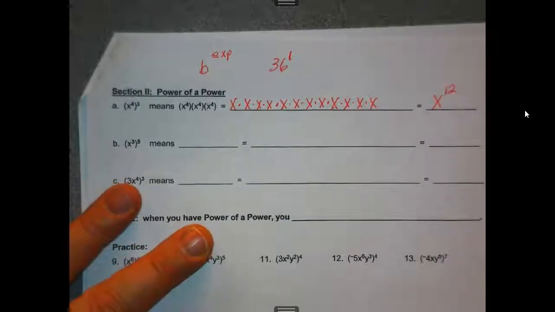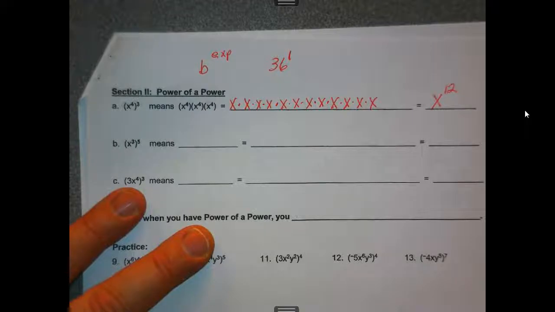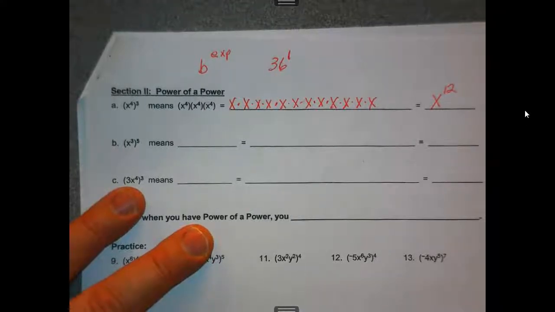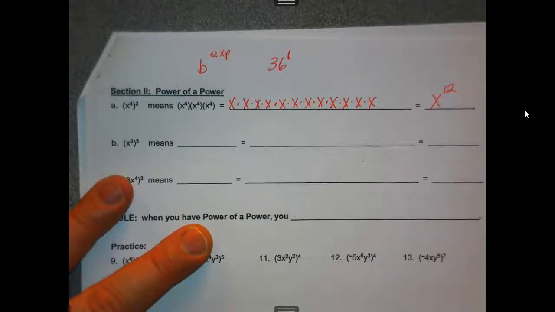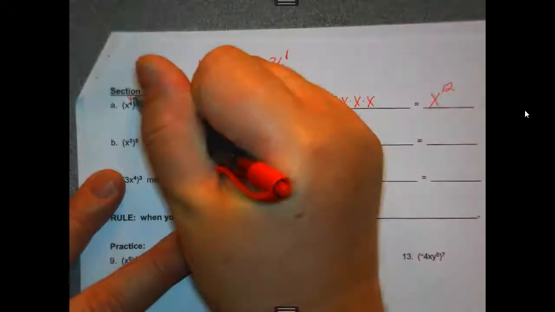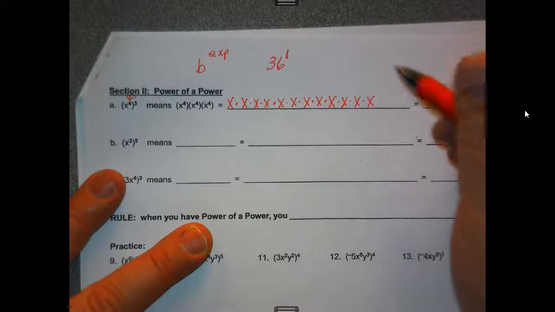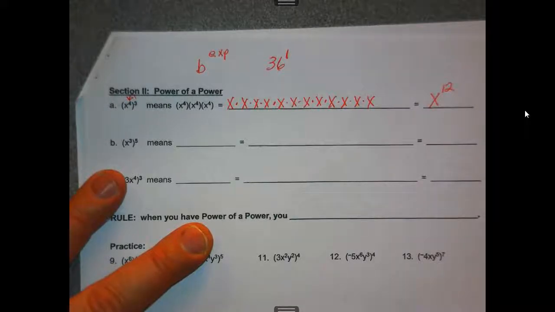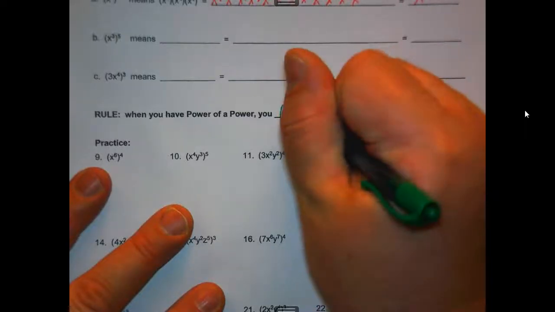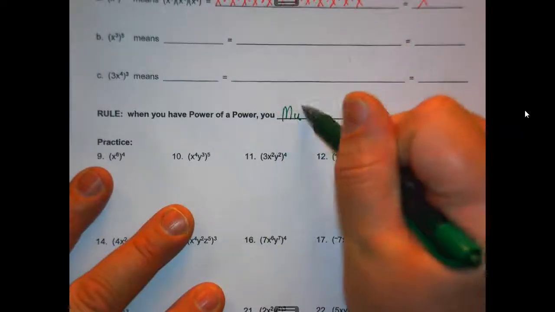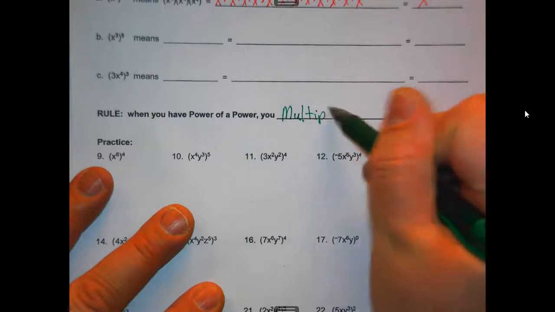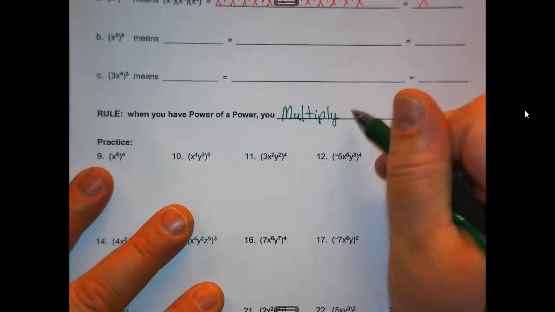What's the short way? Yeah, what's another way of doing that? 3 times 4 is 12. So when you have a power to a power, you multiply the exponents. Not add the exponents, multiply the exponents.